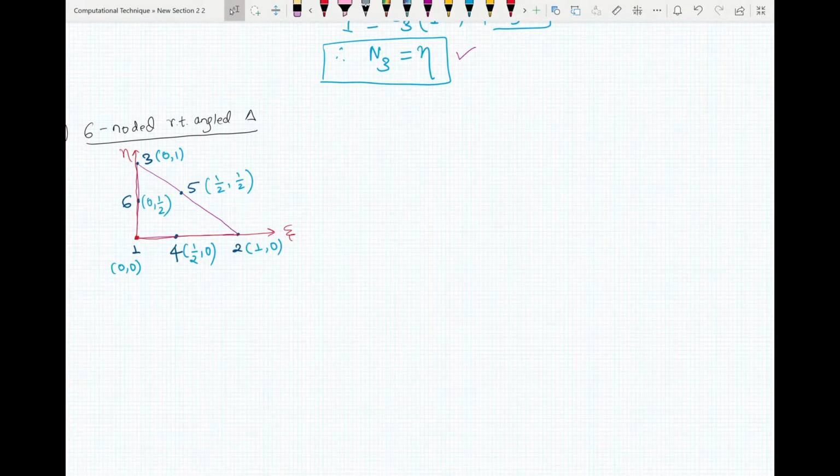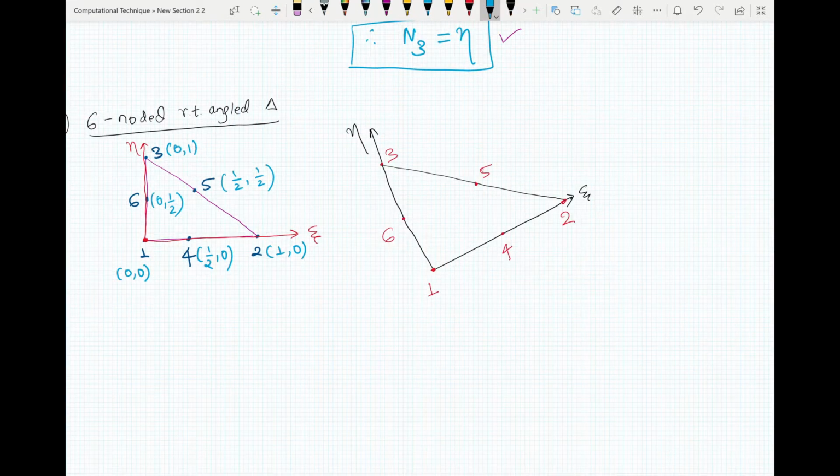Now let's try to find the shape function for 1. If I draw this isometrically, now if you draw the shape function for 1, according to the properties, this should be 1 here, it should be 0 here and 0 here, and in the eta direction as well, it should be 1 there and then 0 here and 0 here, and at point N5 it should also be 0.